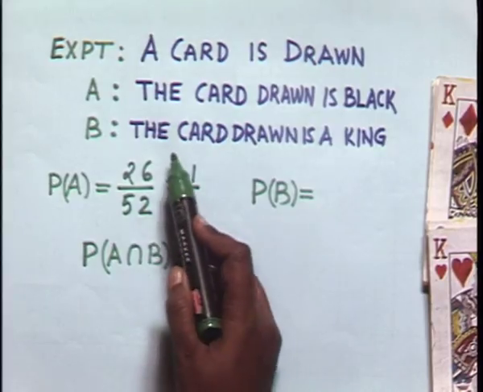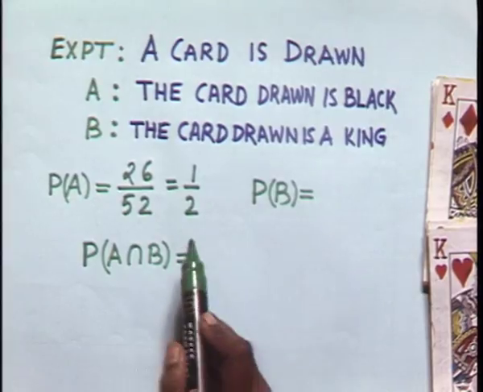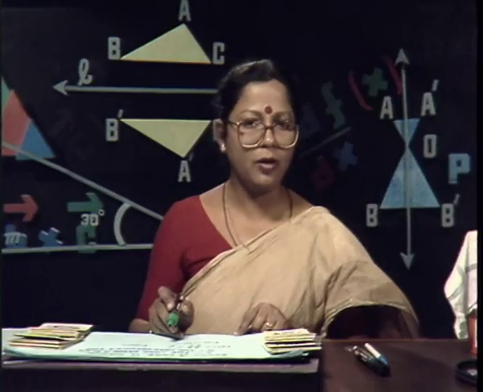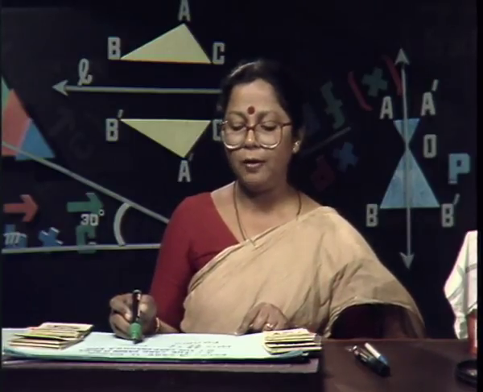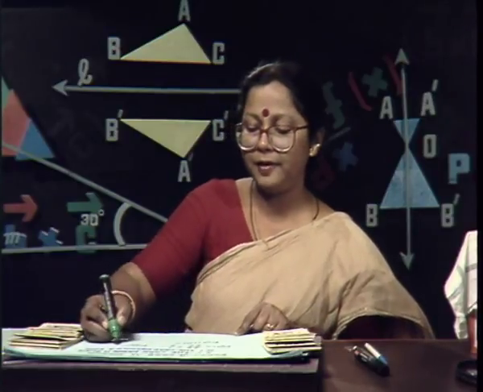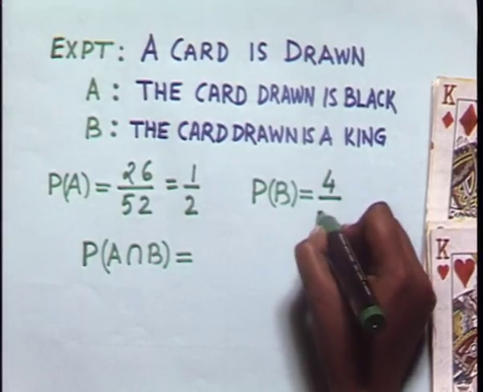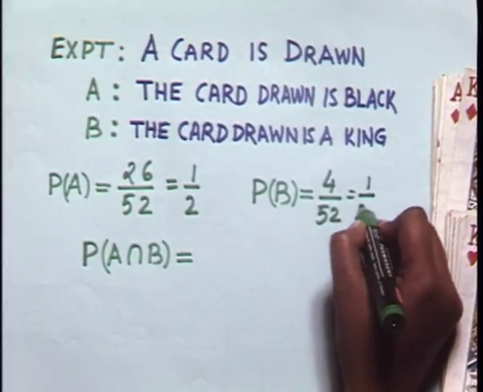Event B is the card drawn is a king. Again, as we have just now seen, there are 4 kings in a pack of cards, and therefore the favorable outcomes for event B will be 4, and therefore probability of event B will be equal to 4 upon 52, that is equal to 1 upon 13.